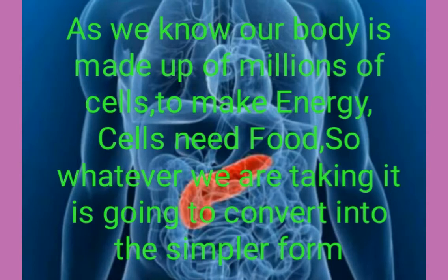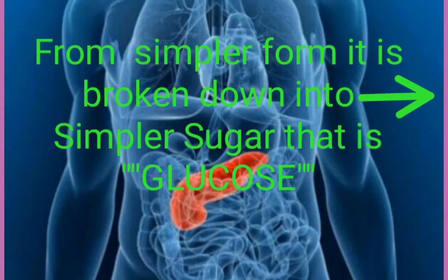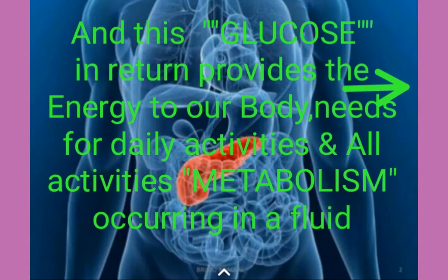To make energy, cells need food in a very simple form, so whatever we take is converted into a simpler form, then broken down into a simple sugar, glucose. And this glucose in return provides the energy our body needs for daily activities.